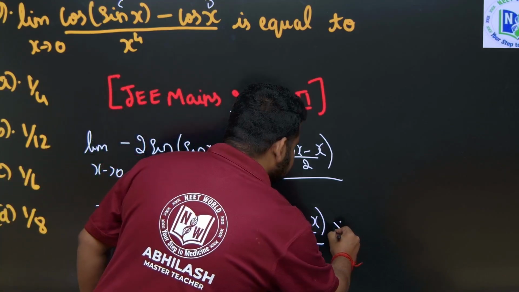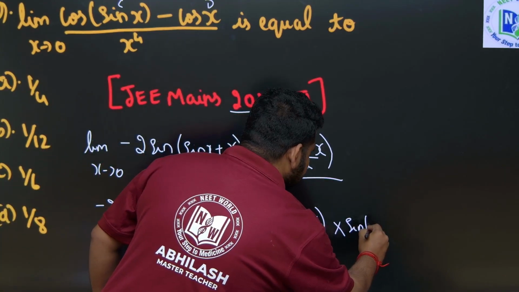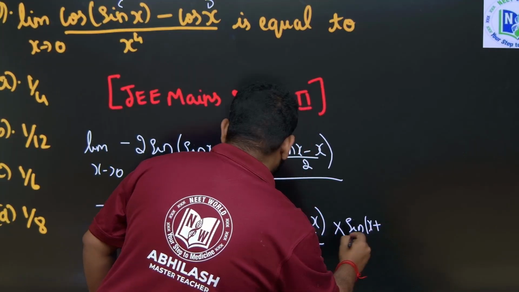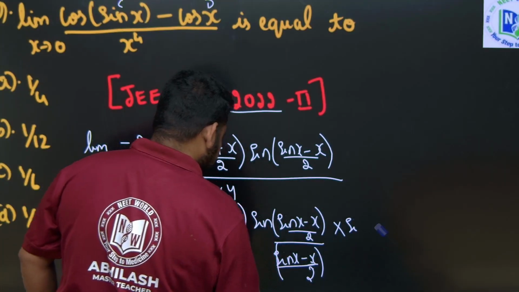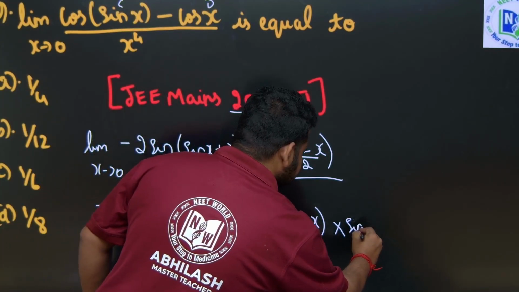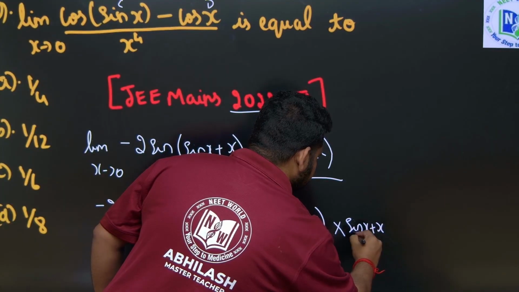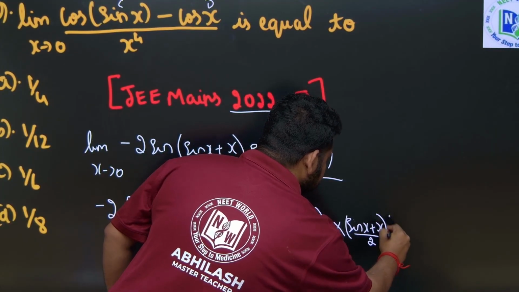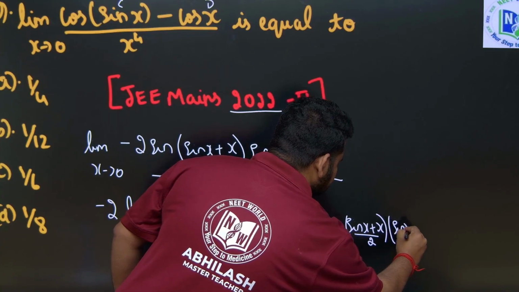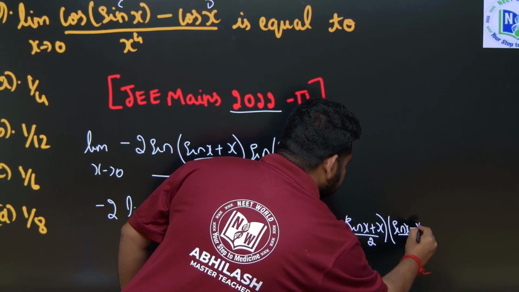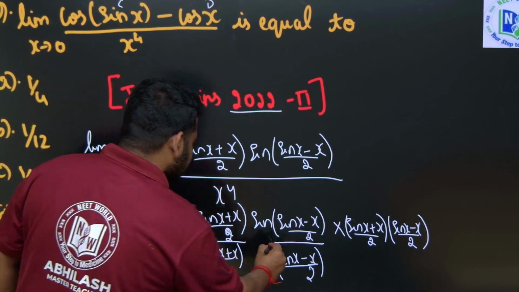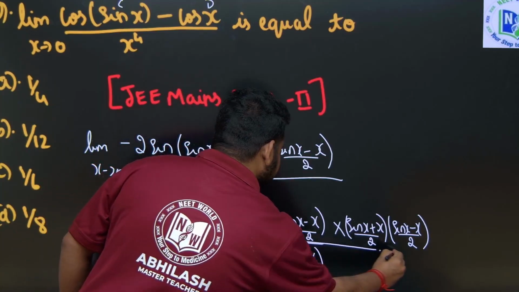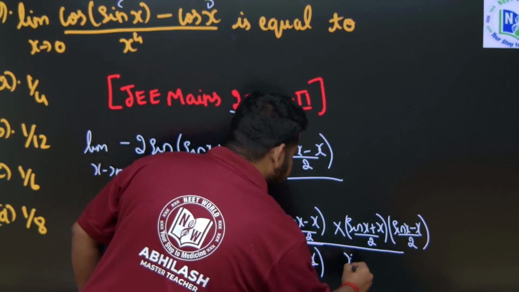So here it will come, this will become sin x plus x by 2 into sin x minus x by 2. This whole thing is divided by x to the power of 4.